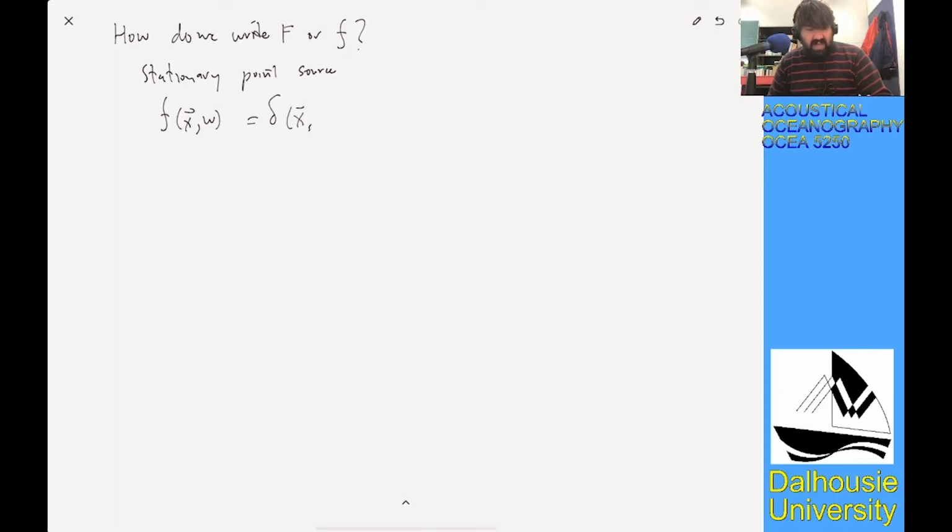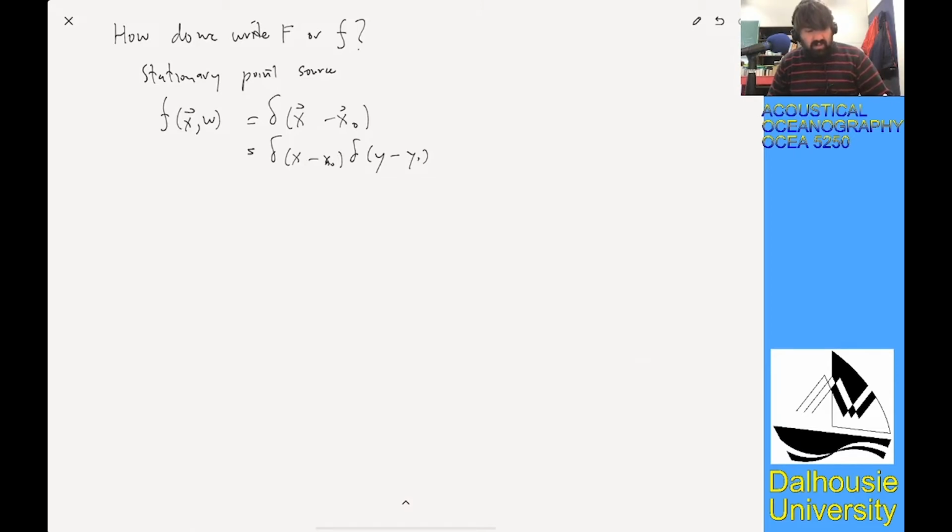I'm going to say x naught is the source position, and x is the two-dimensional space we're working in. So now this is equal to x naught minus y naught, for example. Could be z and r. Okay, being a bit hand-wavy, but you know what I mean.